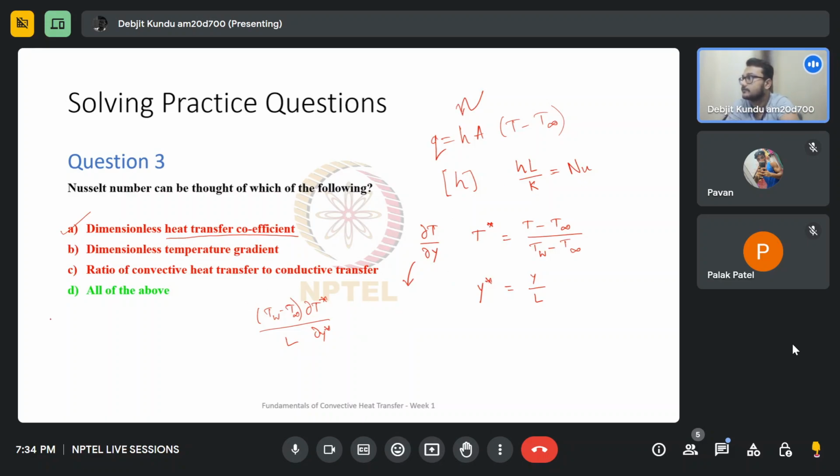We have q equal to hA into T minus T infinity. Now I'm trying to plug in these values. So q into hA, this would be equal to kA dou T dou y.